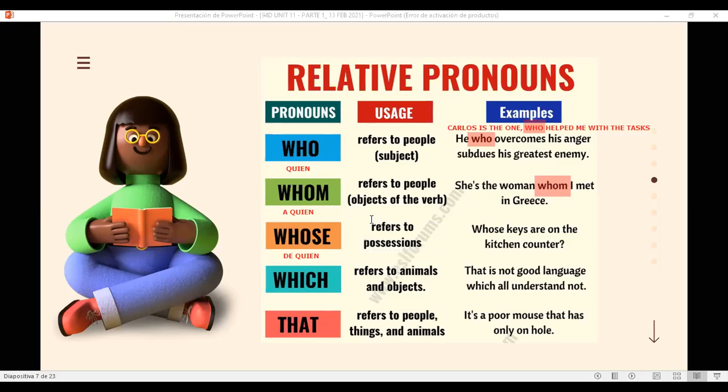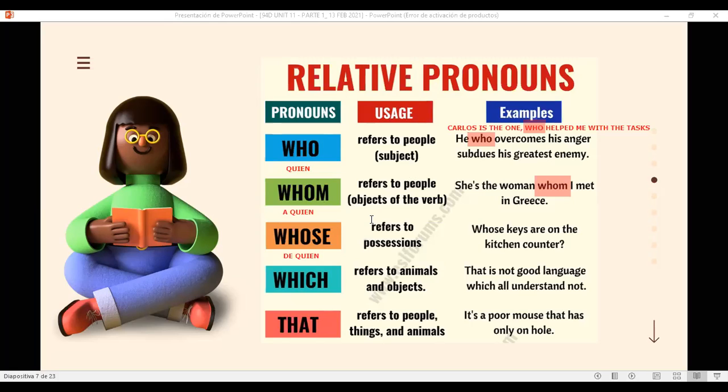Whose. Whose keys are on the kitchen counter? ¿De quién son las llaves que están sobre el mesón de la cocina? ¿Sí? Whose. ¿De quién?